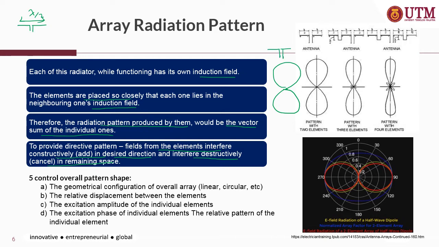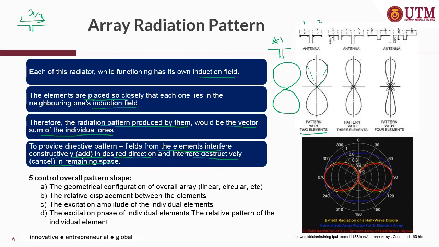And if you compare to the two element radiation pattern, now there are two elements, element 1 and element 2. Right, so now the radiation pattern looks a bit more directive. The beam width also becomes narrower compared to a single element. So this one has only one element.